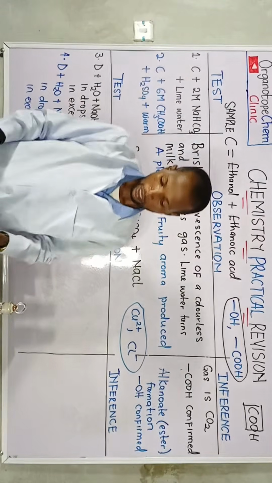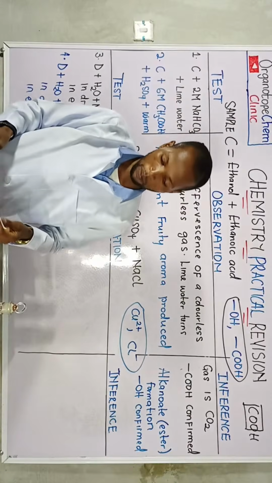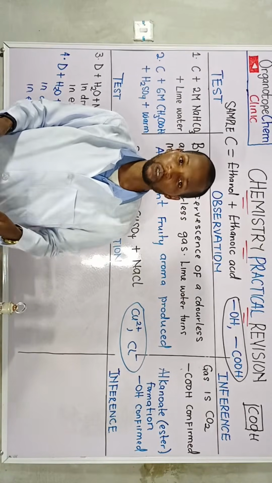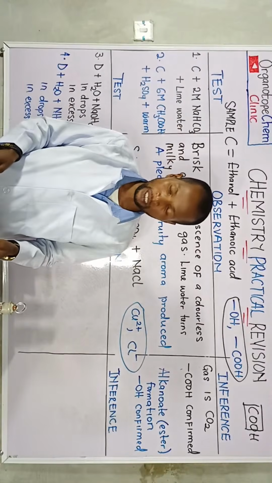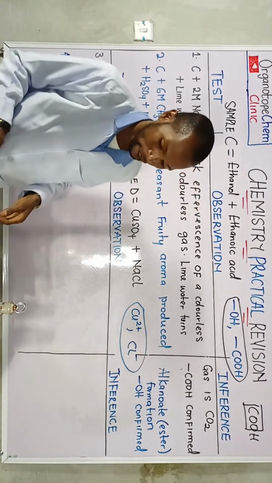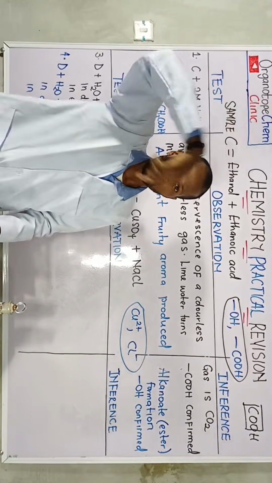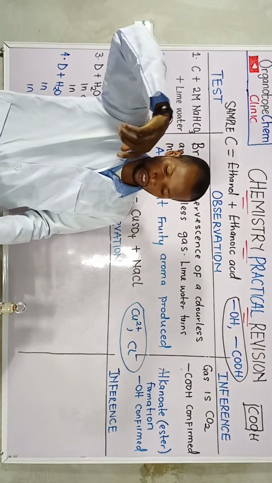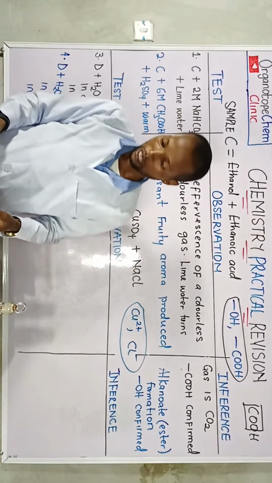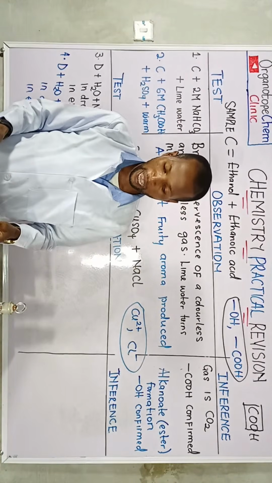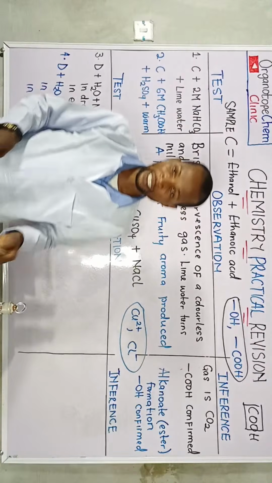Now, test number 1 on this. After forming the solution, to a small portion of the solution in Roman figure 1, add aqueous sodium hydroxide in drops and then in excess.